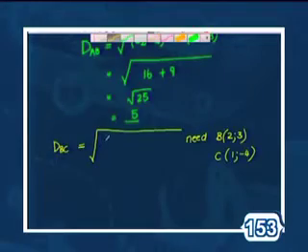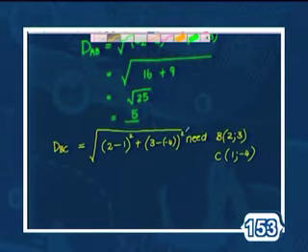They can be any letters at all. So I'm going to take the x at the 1 point, which is a 2, subtract the x at the other point, which is a 1, and square it. And then I'm going to take the y at the 1 point, which is 3, and subtract the y at the other point, which is a -4, and then I'm going to square that.